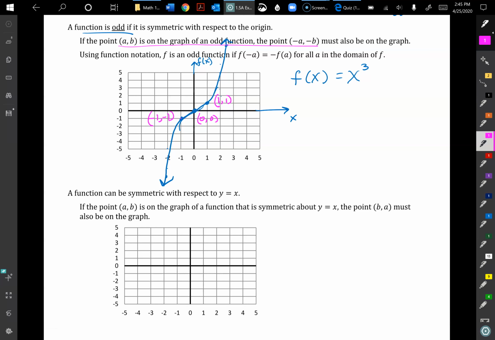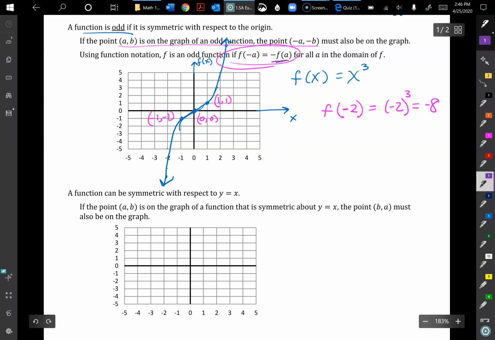If you want to look at the algebraic process, then we would just pop in how this works. So we would have f of, let's pick -2. Okay, f of -2. Let's see what that comes out to be. If I put -2 in and cube it, I get -8. Now let's try the other way around.